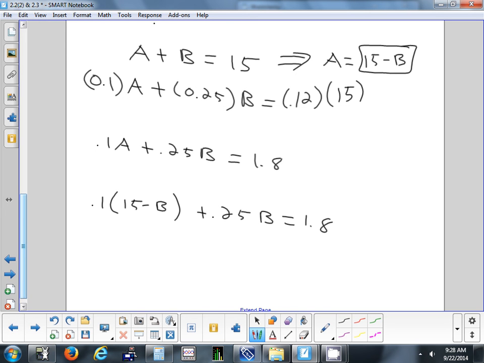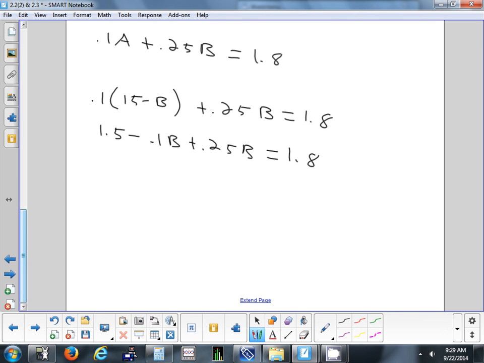Distribute out. 0.1 times 15, that's like dividing by 10. So it's 1.5 minus 0.1B plus 0.25B equals 1.8. Now we just have a basic linear equation. All right, so we've got negative 0.1 plus 0.25.